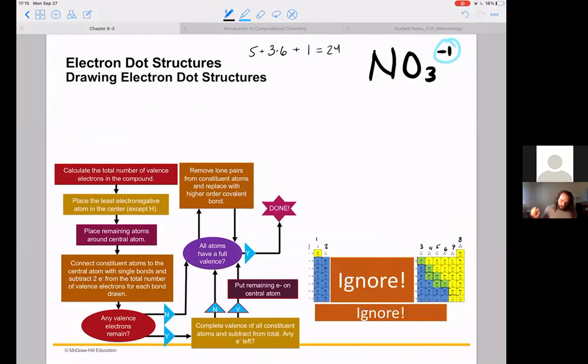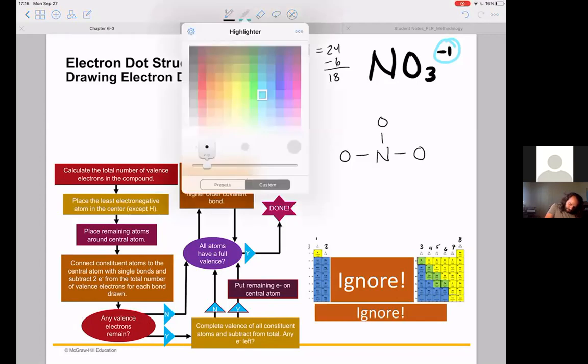Okay. Put the less electronegative atom in the center. That would be nitrogen. Decorate it with the oxygens around. Draw single bonds and subtract from the total. 2, 4, 6. That leaves me with 18. So now I'm here.